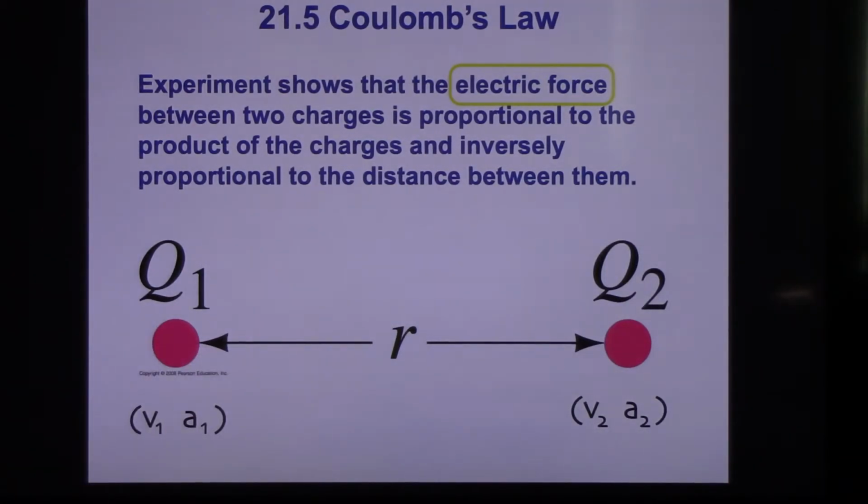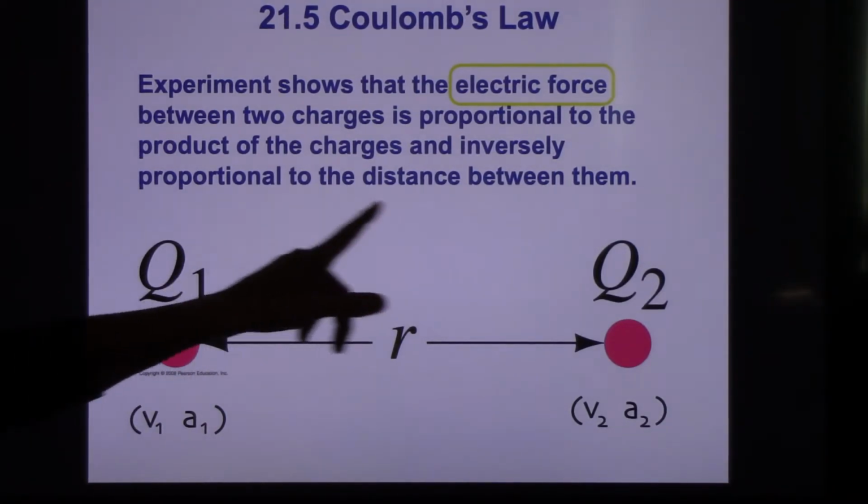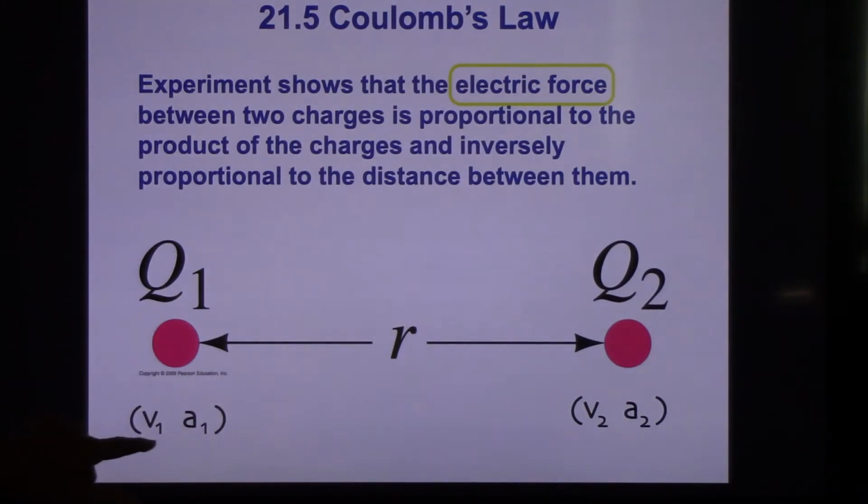But I don't want to throw this at you later on. I want you to be prepared. It turns out that the electric force, and magnetic forces too, are not just dependent on the charge and the distance. They also depend on how fast the charges are moving, and they depend on what the acceleration of the charges is. So I added those to this slide just to let you guys know.